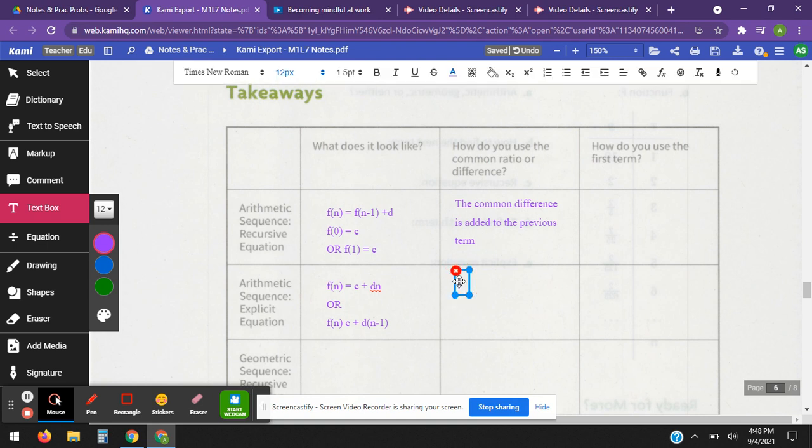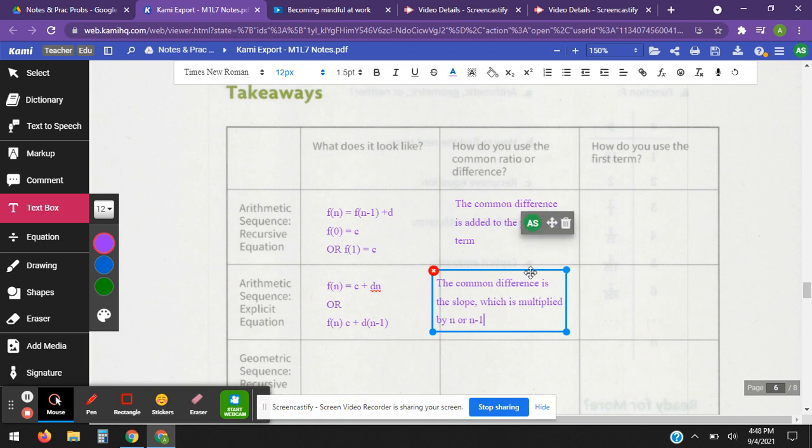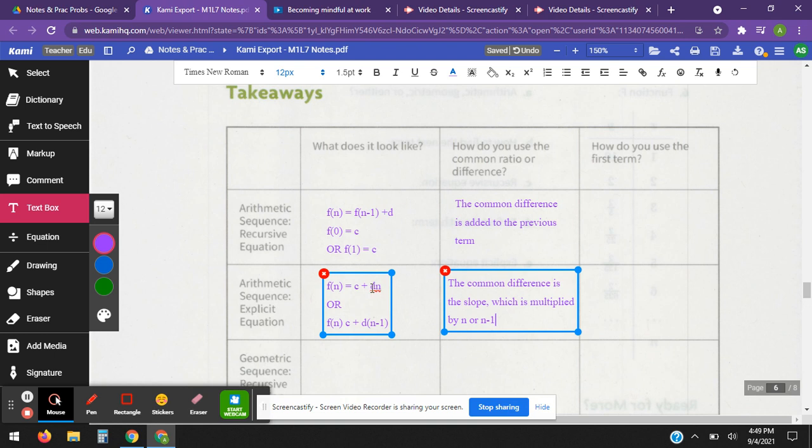So here, how we use the common difference: common difference is the slope, which is multiplied by n or n minus 1. So it's either just multiplied by n or it's n minus 1.